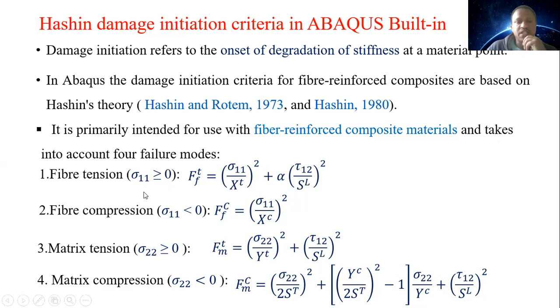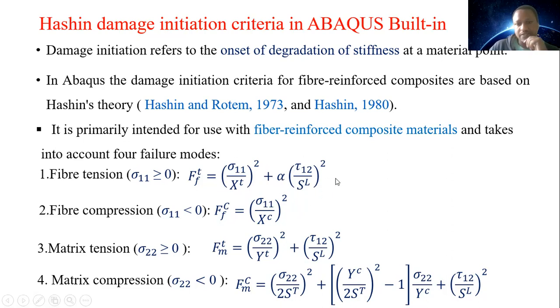4 failure modes. One is fiber tension damage, which is when sigma 1 is greater than or equal to 0. Then this equation holds true. XT is the tensile strength in the longitudinal direction, and the tensile and longitudinal shear strengths are introduced here.